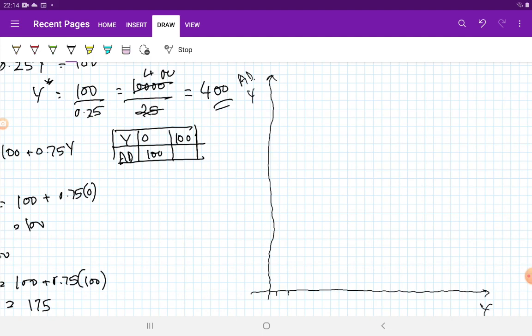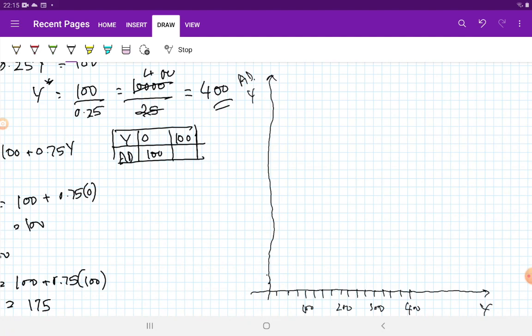Now 25, 50, 75, 100, 125, 150, 175, 200, 225, 250, 275, 300, 325, 350, 375, 400, and so on. And I'm going to take the same measurement on the y-axis as well.